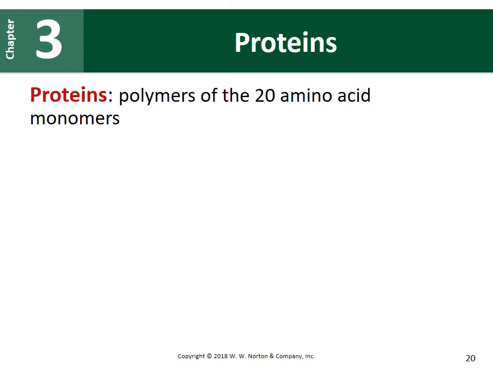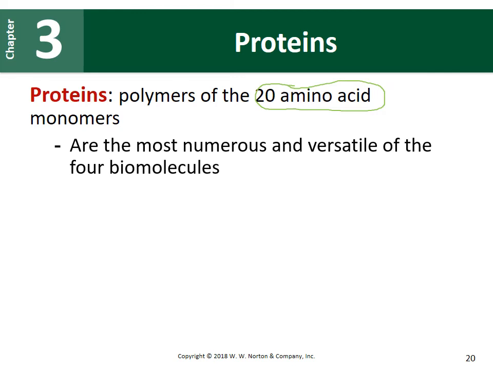The first molecule that we're going to be looking at are the proteins. Proteins are polymers that are made up of monomers called amino acids. So these are those building blocks. The protein function is very diverse. Proteins are the most numerous molecules that we have in our cells.